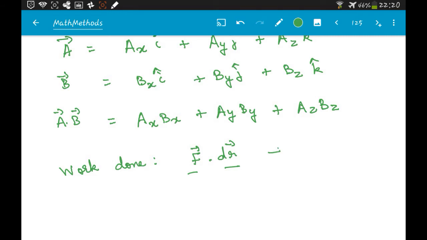So this is a scalar quantity. We will do multiple problems regarding work done later as well when we deal with line integrals. But right now, just let's look at it as an example of a scalar quantity.